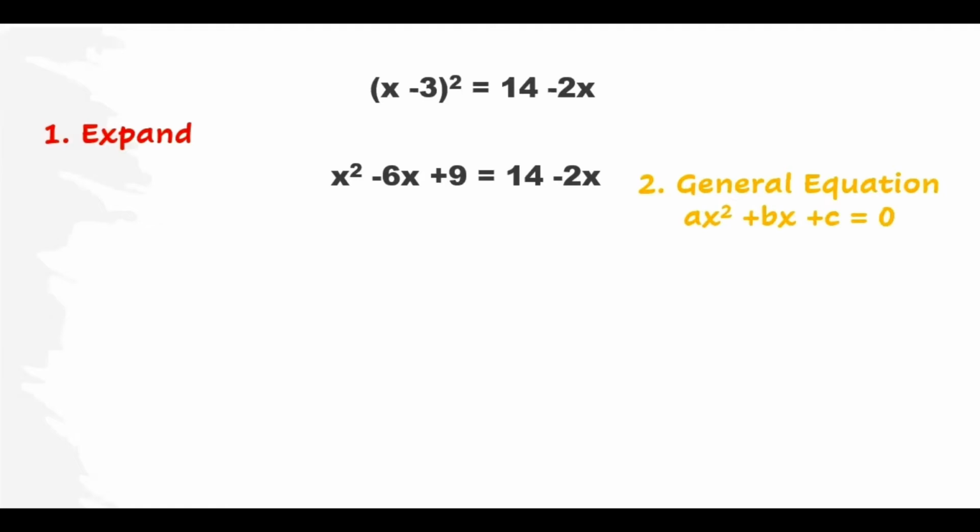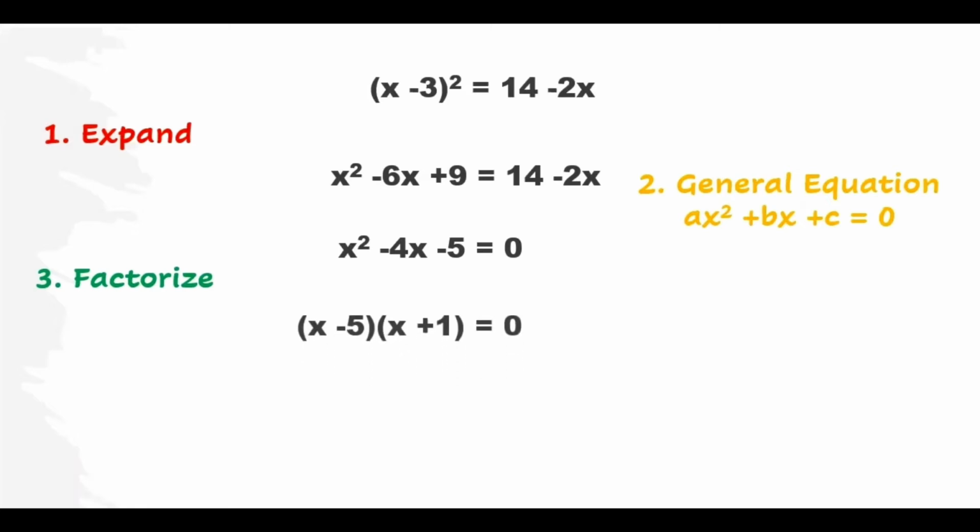Next, the second step is to make it into a general equation, which is in the form of ax squared plus bx plus c equals to 0, and we will get x squared minus 4x minus 5 equals to 0. The third step is to do factorization, and we will get 2 brackets equals to 0: x minus 5 and x plus 1 equals to 0.